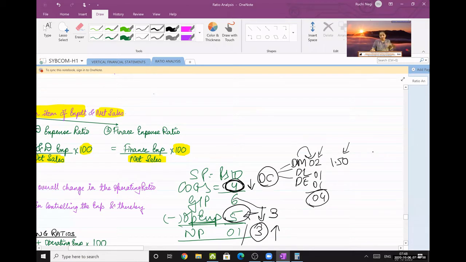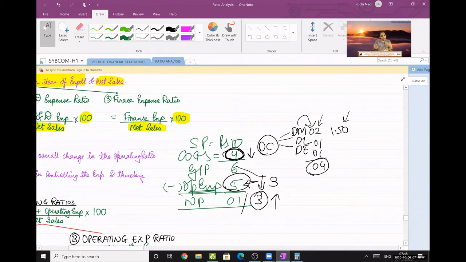So somewhere you are compromising with the quality. That is why I said, it's not that you cannot have a check on your direct cost or you cannot reduce your COGS. You can do that, but if I am comparing COGS reduction and operating expense reduction, then operating expense reduction is comparatively easier than COGS reduction.